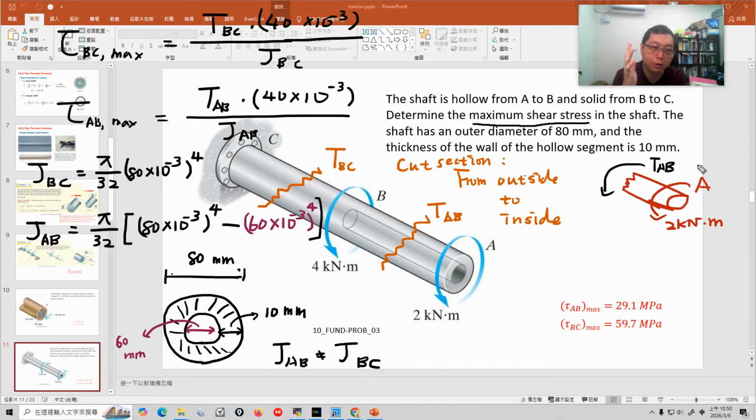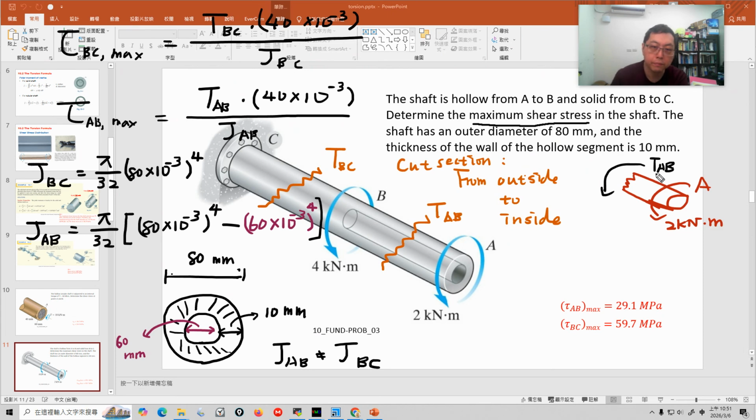Your thumb direction pointing outward from the surface means positive. If your thumb points into the surface, that means negative. So we always assume it's positive.